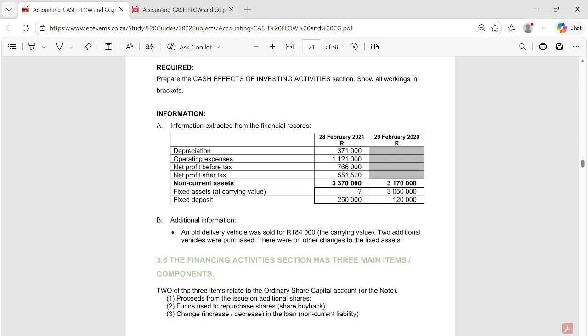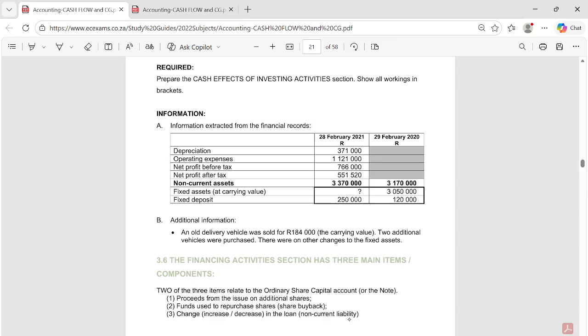They're saying that an old delivery vehicle was sold for 184,000, right? And then two additional vehicles were purchased, and there were other changes to fixed asset. So in this case, guys, we sold a vehicle for 184,000, right?